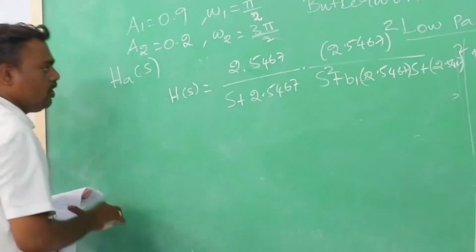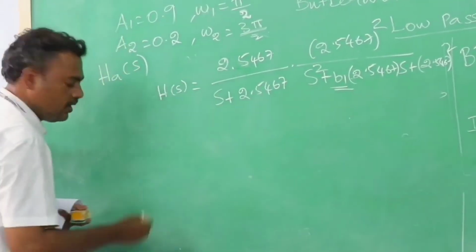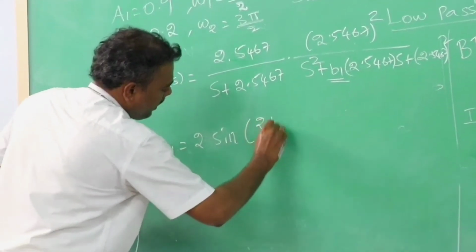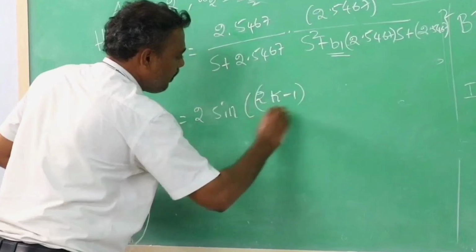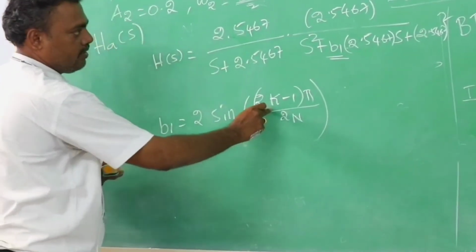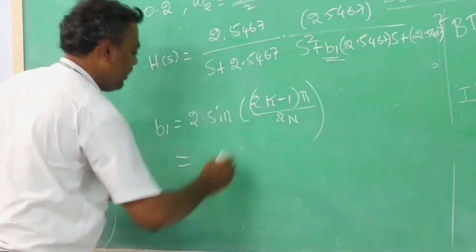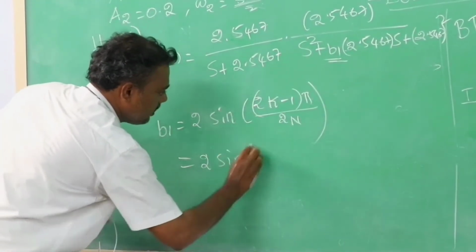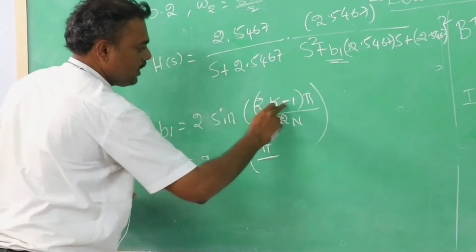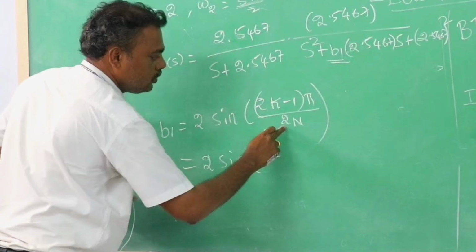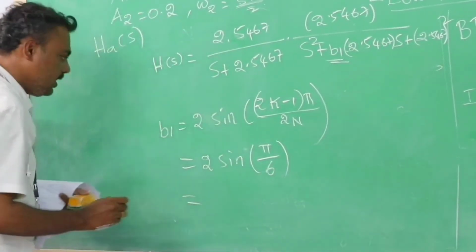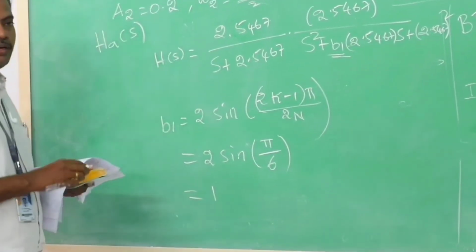Now we want to find the value of b1. The b1 is equal to 2 sine of (2k minus 1) into pi divided by 2n. Here k is 1, only one coefficient. Substituting, sine of (2 minus 1) into pi divided by 2 times 3, so pi by 6, we get b1 equal to 1.